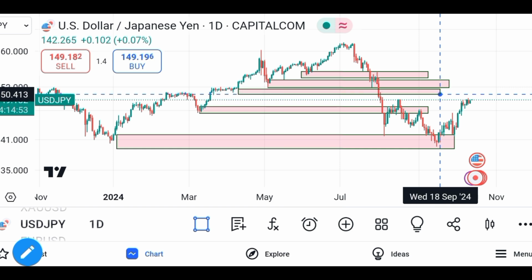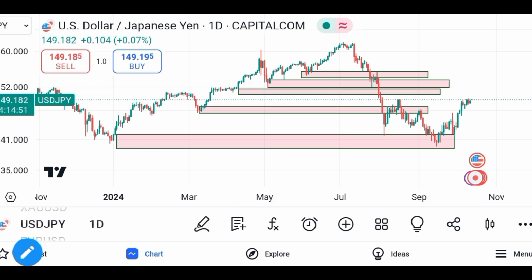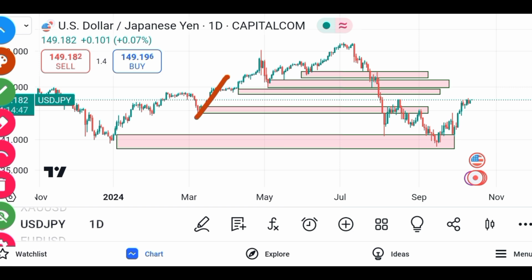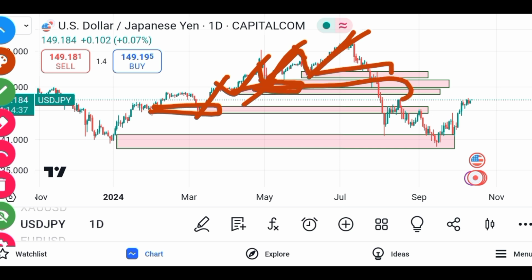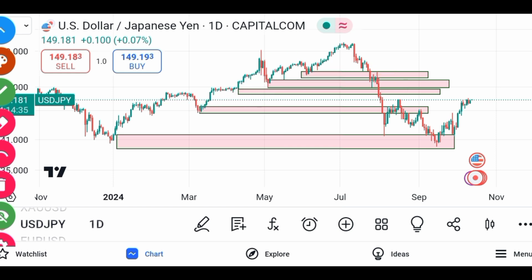If you look at each of these places I'm drawing, there was a break of structure for them. There was a break of structure here, here, and in this place, which should have made people draw here, and this one also broke structure that would have made people draw. So you see that we already have a lot of order blocks here to be looking at.